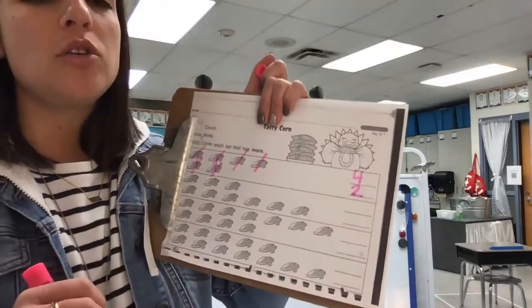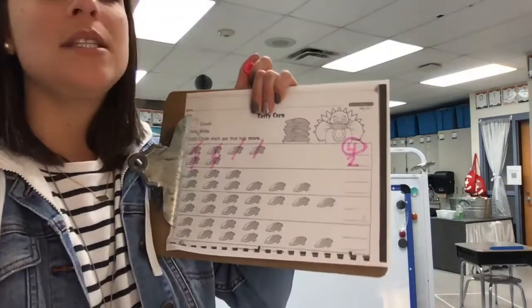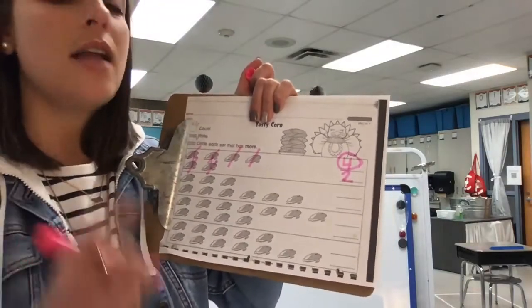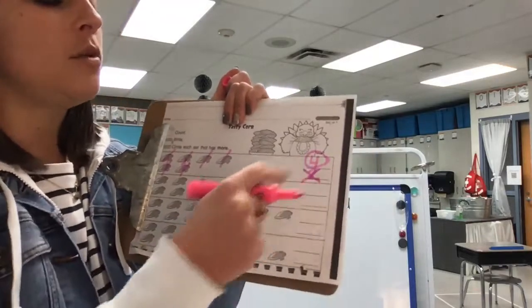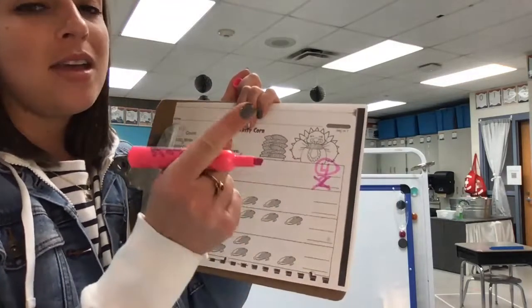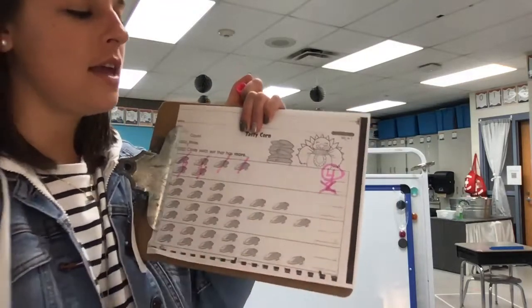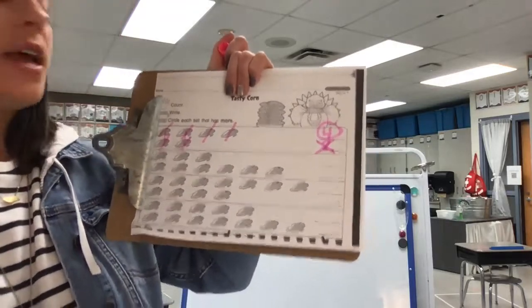So which number is greater? 4. So we're going to circle 4, which means that 2 is less. So we're going to mark an X on 2. So now let's compare starting with 4. 4 is greater than 2, and 2 is less than 4. Good job.